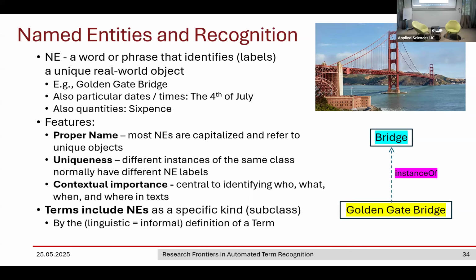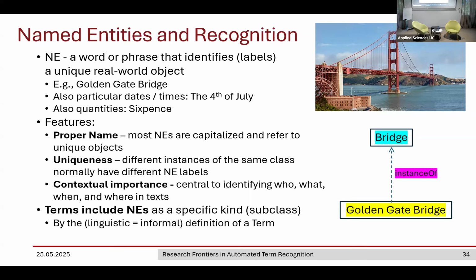The features of a named entity are being a proper name: most entities are capitalized and refer to a unique object. Uniqueness: different instances of the same class normally have different named entity labels. Contextual importance, which is central to identifying who, what, when, and where in texts.